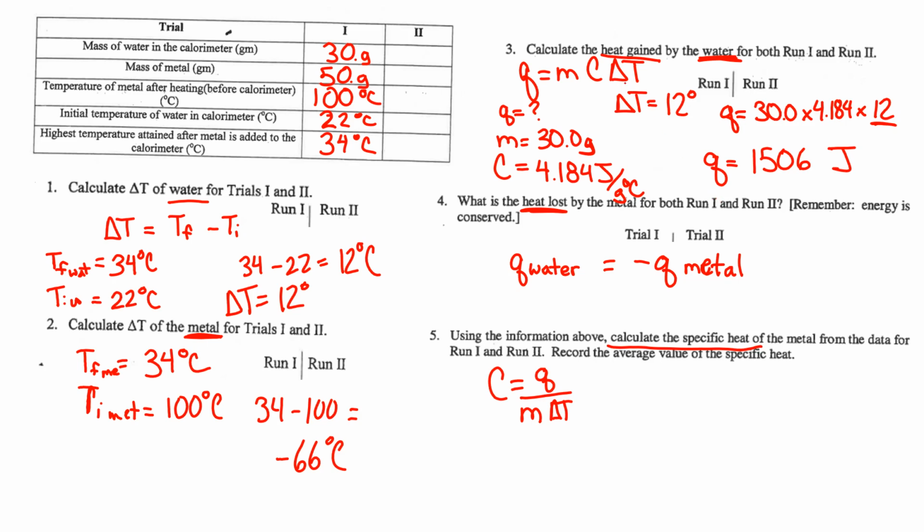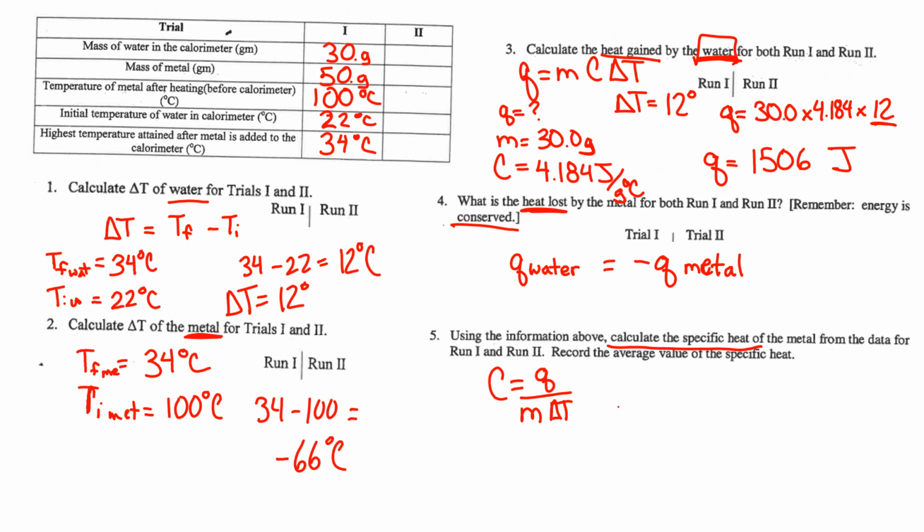This is my heat for water. All right. Because it's the law of conservation, the heat that I gained in the water is equal to the negative heat that I lost in the metal. So I just get what I get there for the negative side? Yeah.